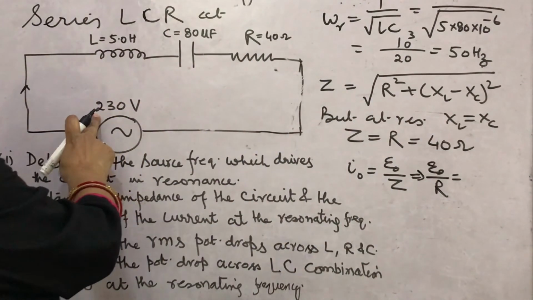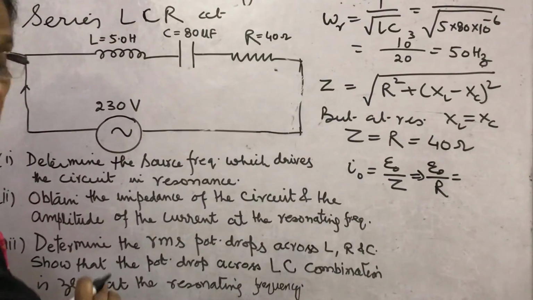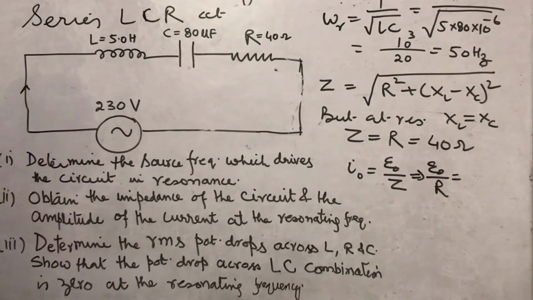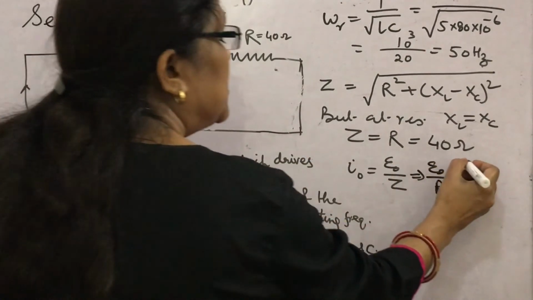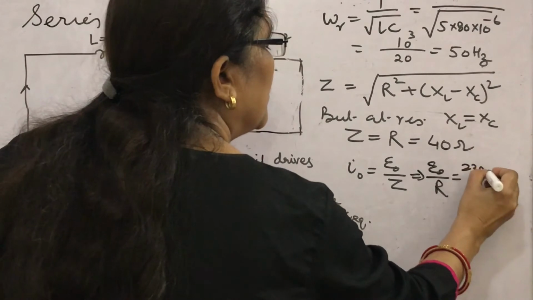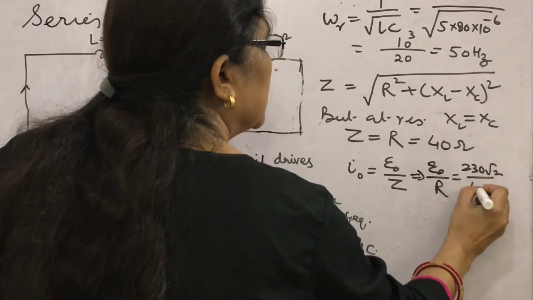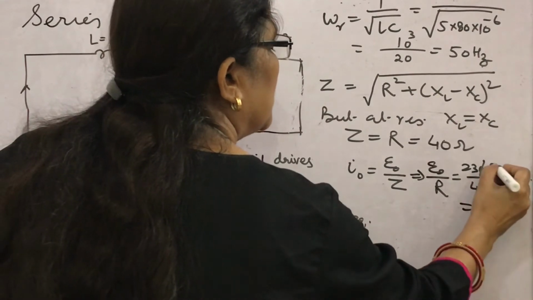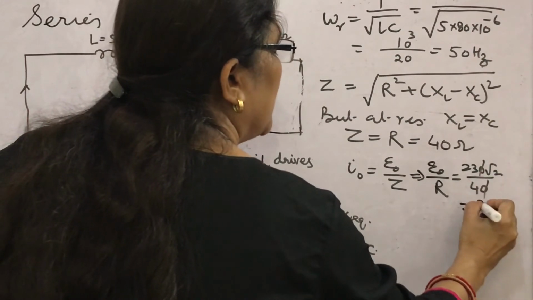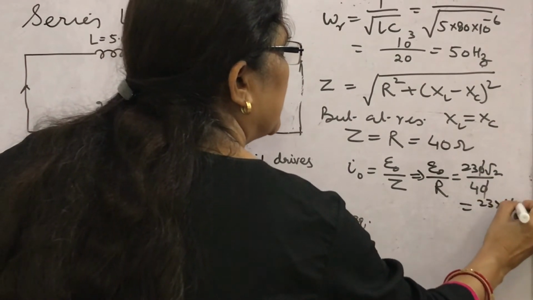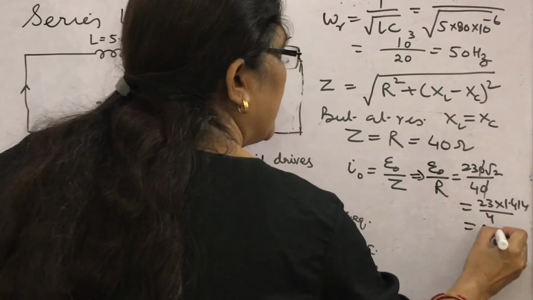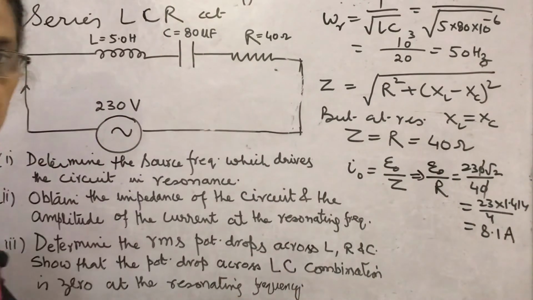Here 230 volt is given, but remember that the given values are RMS values. Then E naught will be 230 root 2 upon 40. Root 2 is 1.414. You will write 230 into 1.414 upon 40, and you will get 8.1 ampere.